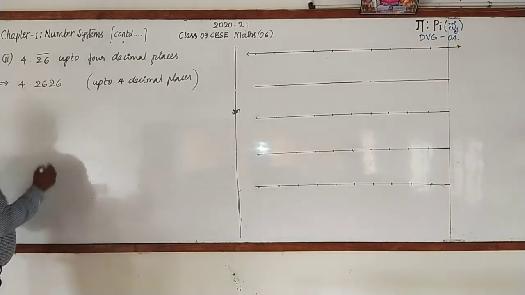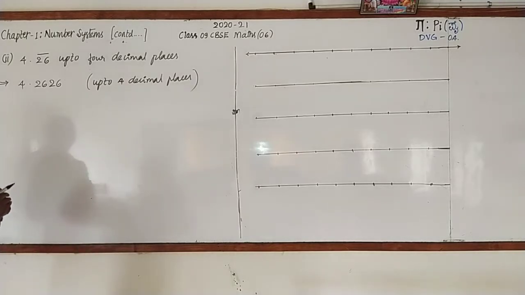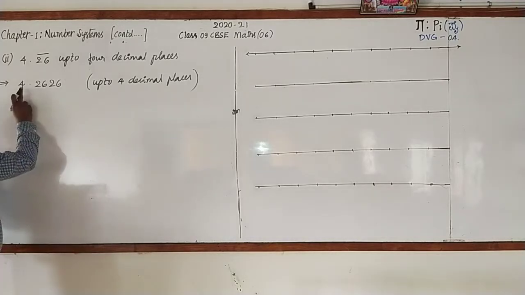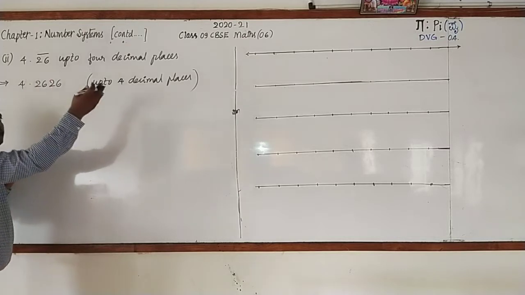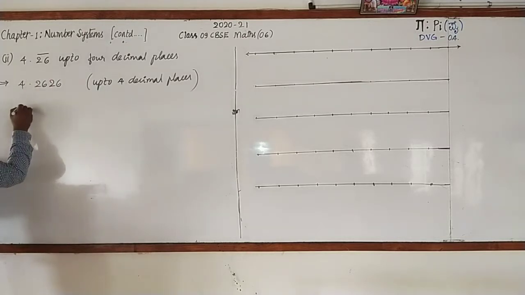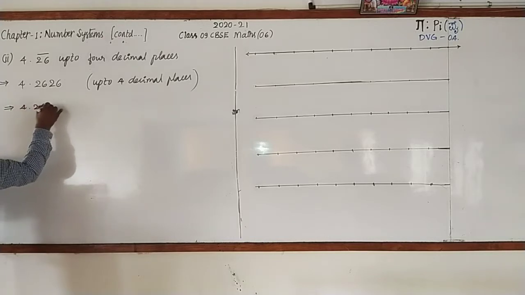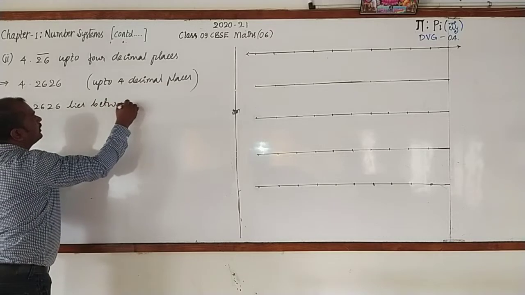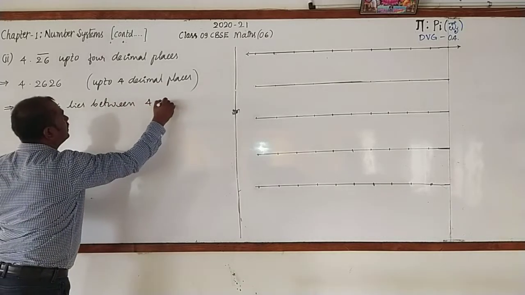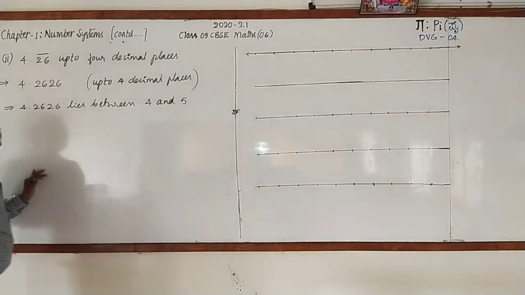The number which we are going to represent on the number line is 4.2626. First we have to identify between which 2 whole numbers it lies. Could you tell? Yes, 4.2626 is more than 4 and less than 5. Hence I write that 4.2626 lies between 4 and 5.